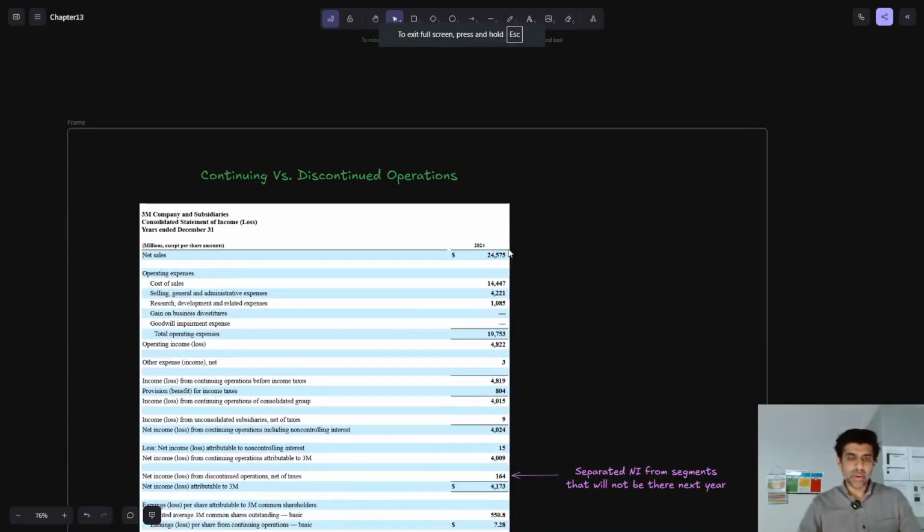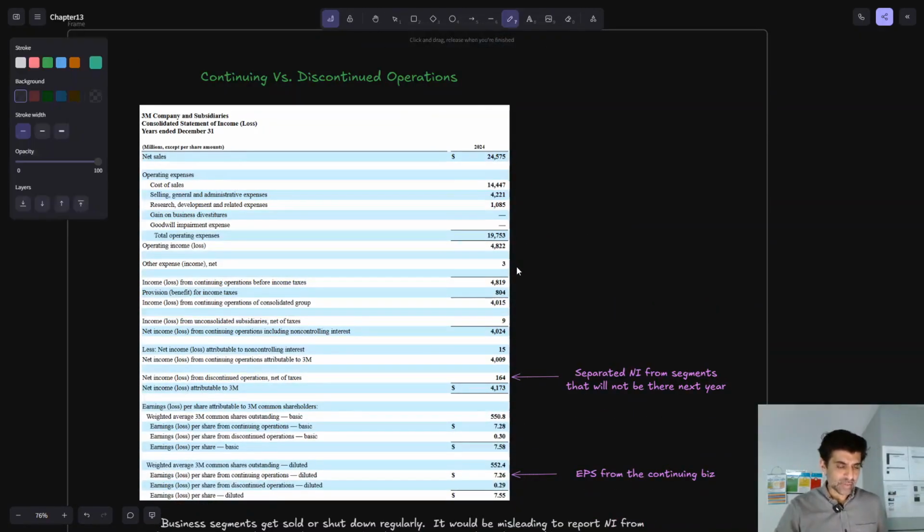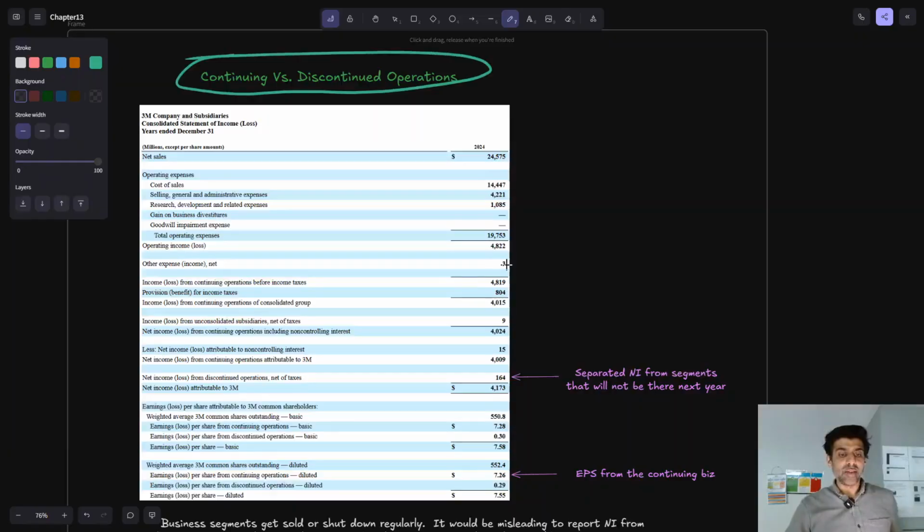Okay, so there's a couple of miscellaneous topics that the chapter has us go over. One item is continuing versus discontinued operations. As businesses are constantly changing, they have many different business lines, and sometimes the business will either sell part of its business, some segment, or it will just shut it down.